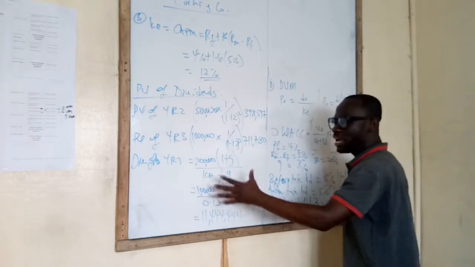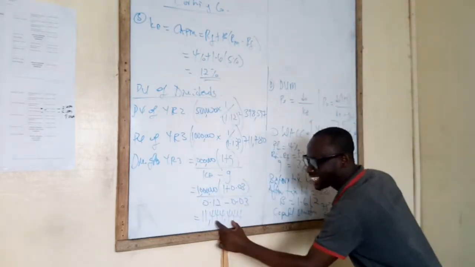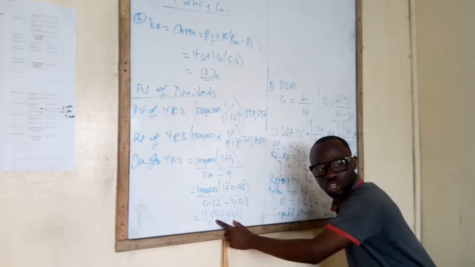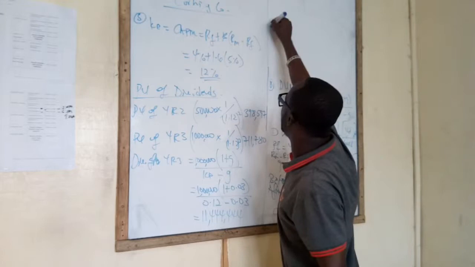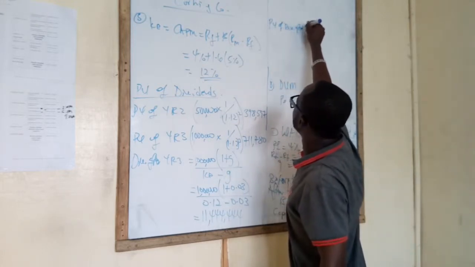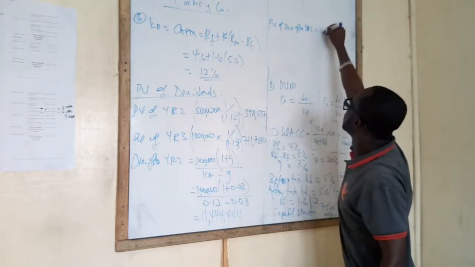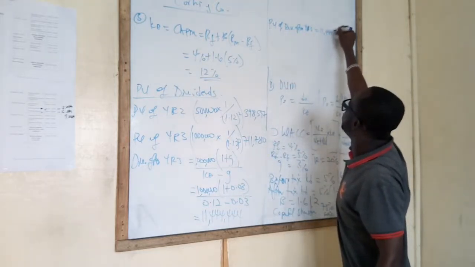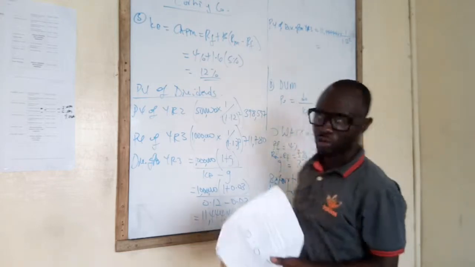Now, since you have dividend of year 3 and above, but it is not in present value, we need to also bring it into present value. So present value of dividend after year 3 will be what? 11,444,444 times 1 over 1.12 exponent 3. What do we have?